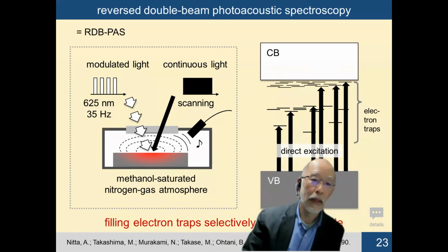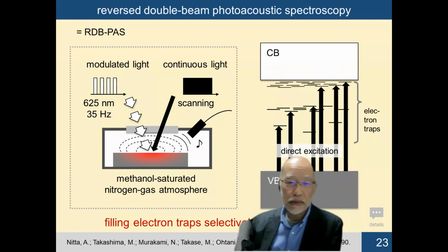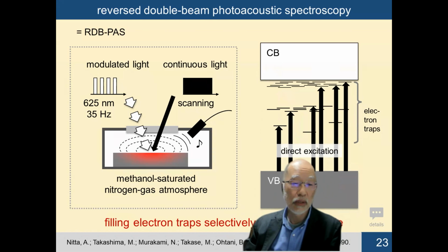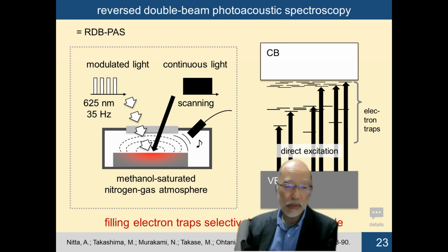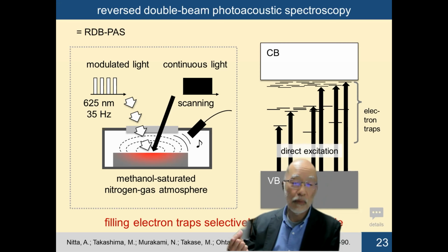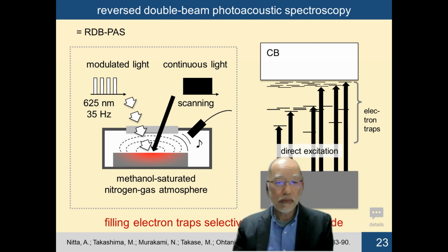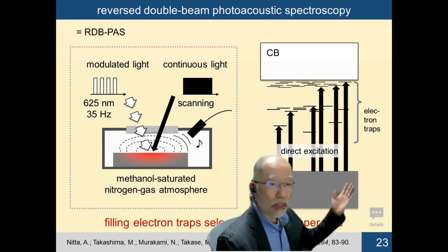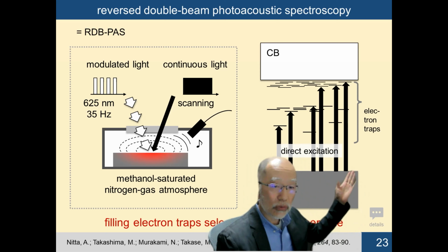Okay, then to check the structure of those octahedral particles, we use a newly developed technique, reverse double beam photoacoustic spectroscopy. I have no time to explain in detail this newly developed measurement system, but what I can say is that by using this technique, the electron traps, that is the vacant electronic states accepting electrons, can be filled by excitation light.